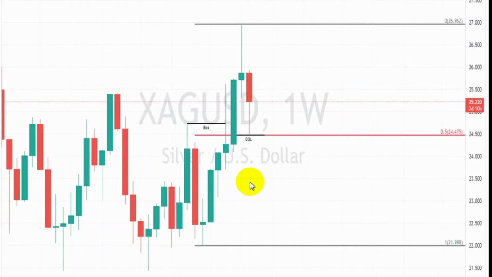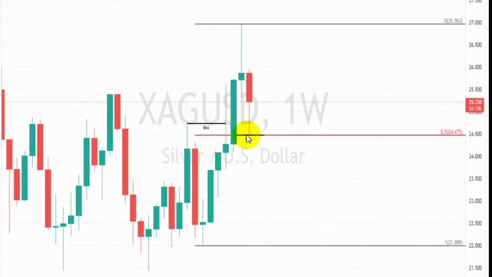Now this is the weekly time frame, and I have added a few annotations here. As you can see, the weekly time frame is currently bullish. Price broke structure, and we are currently retracing, and you can see the retracement bounced off the equilibrium level, the 0.50 level on the fib.